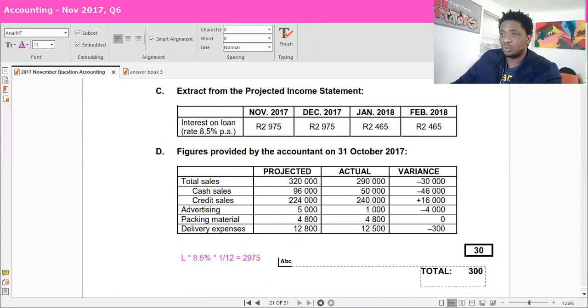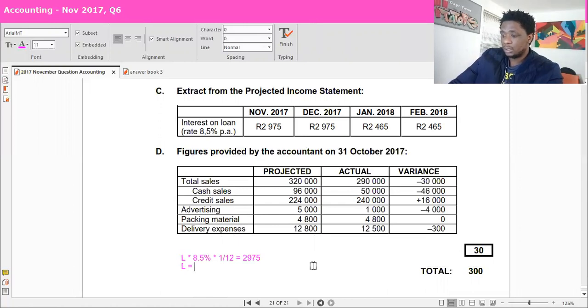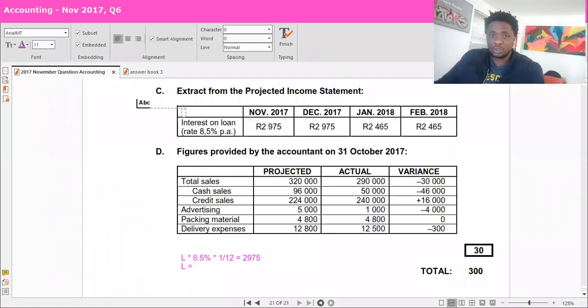So in this example, if we make L the subject of the formula, then we'd have 2,975 divided by 8.5% multiplied by 1/12. So if you put that in your calculator, I just had to confirm my calculation there.